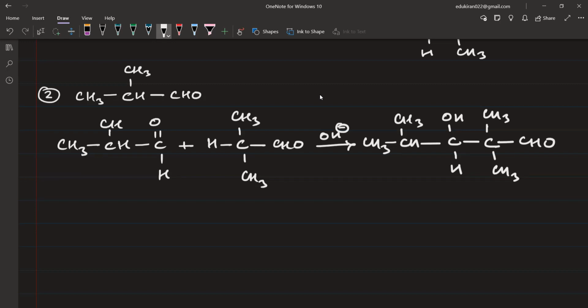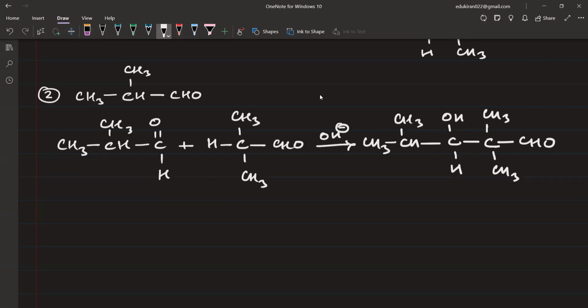So the first alpha carbon, won't it be CH3 like above it? ये CH3 होगा। हाँ, वो 3 छूट गया था, that will be CH3, correct.